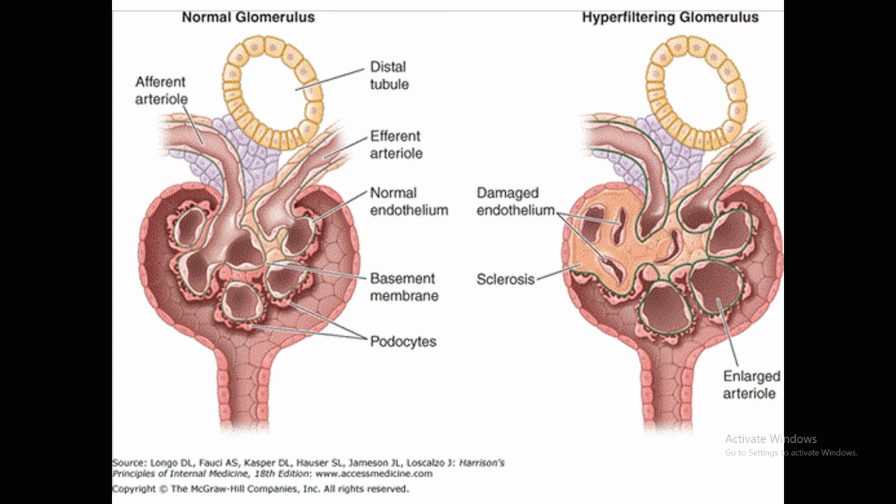The compensatory hyperfiltration that may occur after the loss of 50 to 70% of the nephrons will cause progressive changes in the glomeruli, sclerosis and scarring. Thus, the increased rate of nephron destruction and loss will finally cause renal failure.